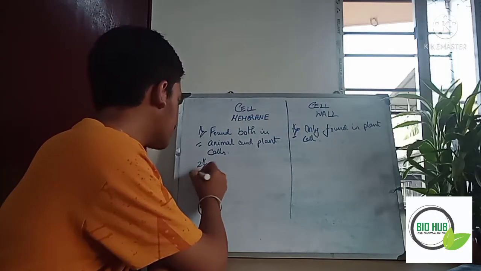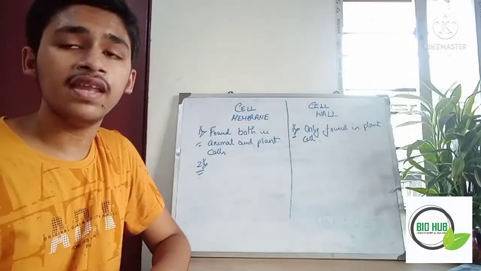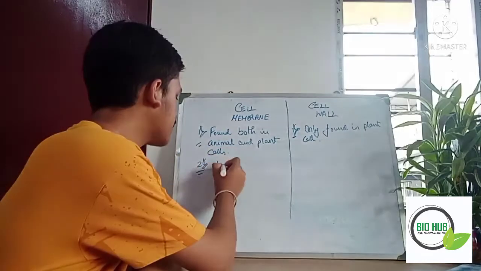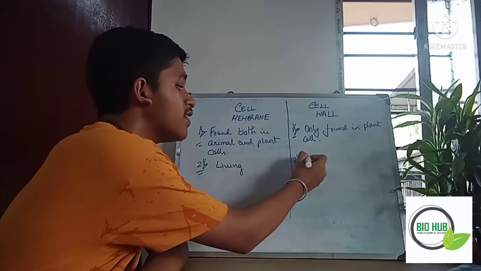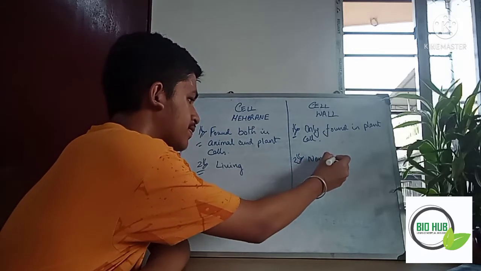Second point of difference: the cell membrane is living, while the cell wall is non-living.